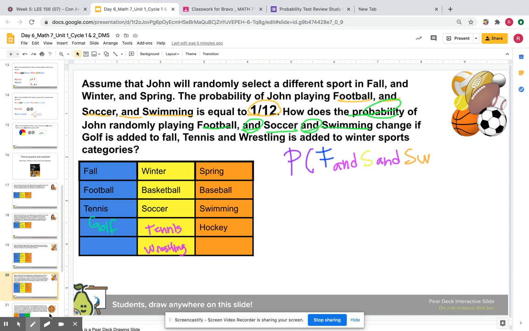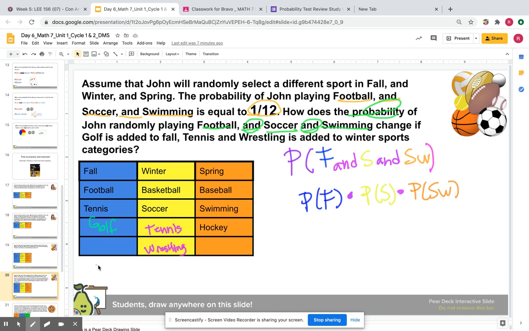We're finding the probabilities of those compound events, so they're together now. Essentially, you're just finding the probability of playing football times the probability of selecting soccer times, because the word and tells us to multiply, the probability of selecting swimming. So we're trying to find those.